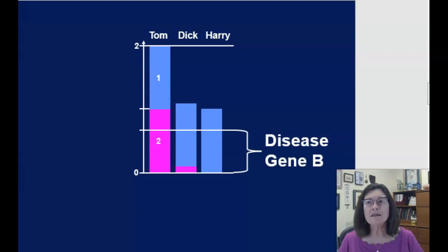But he has a perfectly good copy. The blue number 1 copy is perfectly normal, makes the right amount. Harry, on the other hand, has a deletion, but again, he has a fully functional copy. It makes enough of the gene product, and so neither of these individuals have disease gene B.